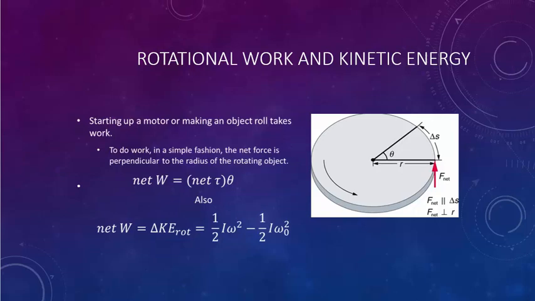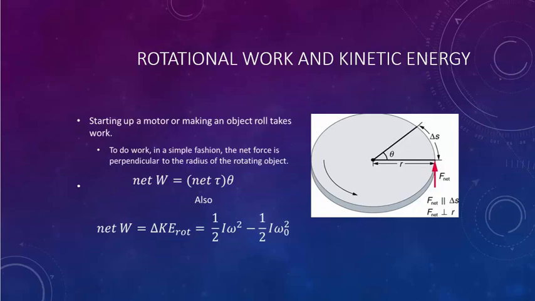And you're going to look at the perpendicular force to the motion, just like you do with torque, and notice that torque is part of this. It should make sense. If linearly work is force times distance, in the rotational physics world, work is torque times the angle. And you also get that work is the change in rotational kinetic energy.